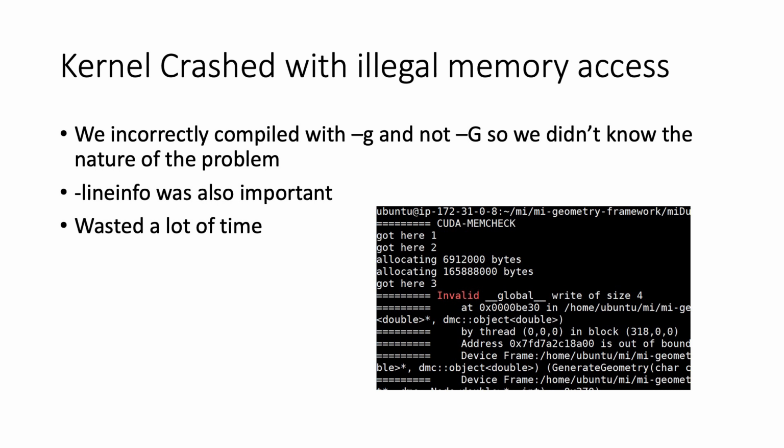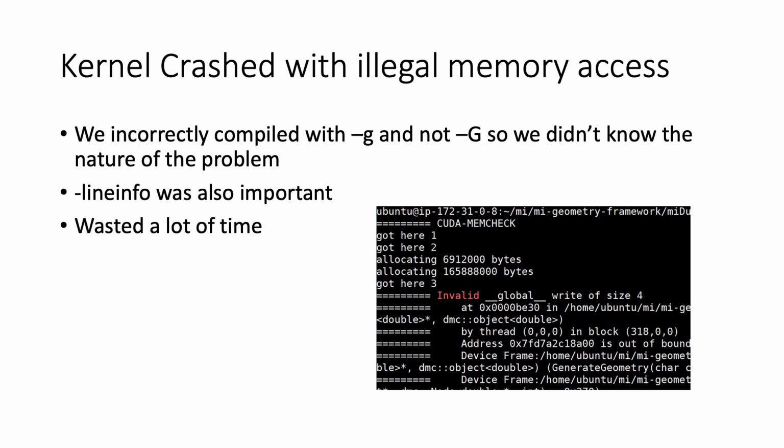And we were incorrectly compiling with dash g, lowercase g, which for NVCC is just putting debugging symbols in the host code. And so when we tried to debug with CUDA GDB, we had very little information, and we just sort of stumbled around for quite a long time.